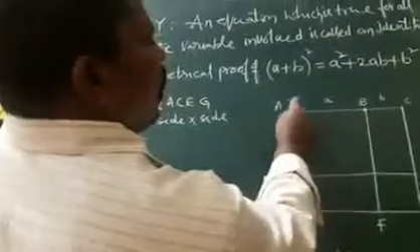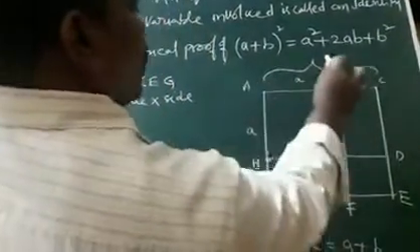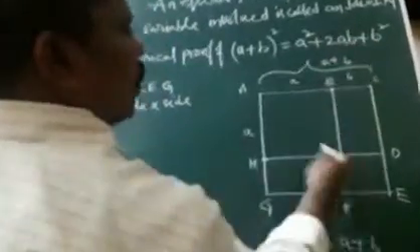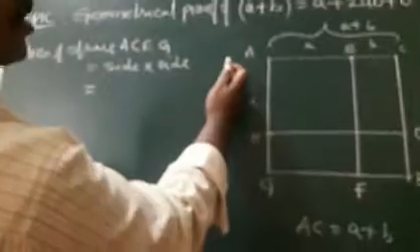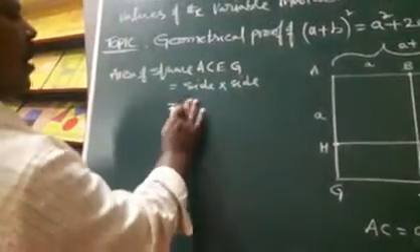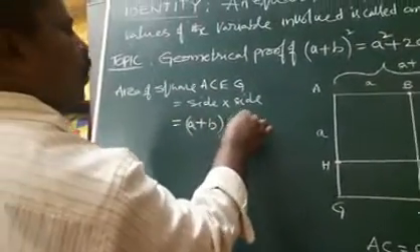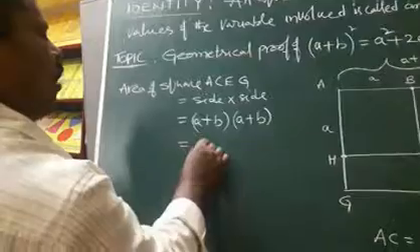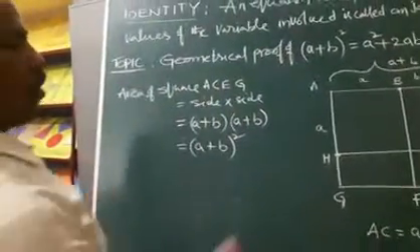See here, this distance is a plus b. This is also a plus b, this is also a plus b, this is also a plus b. Now area of square is side into side, that is a plus b into a plus b, which is equal to (a plus b) whole square. That is equation number 1.